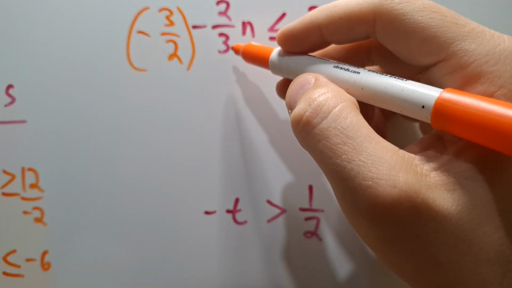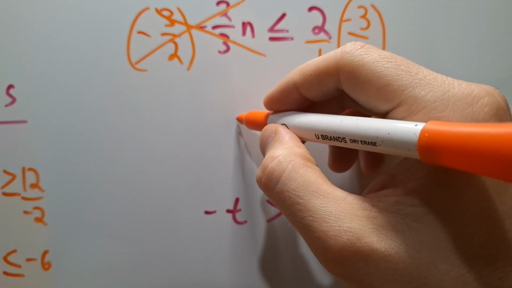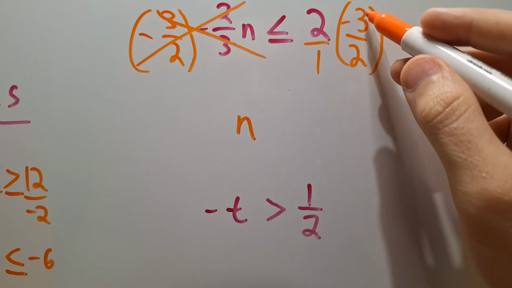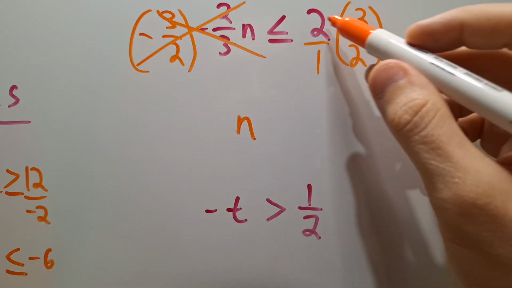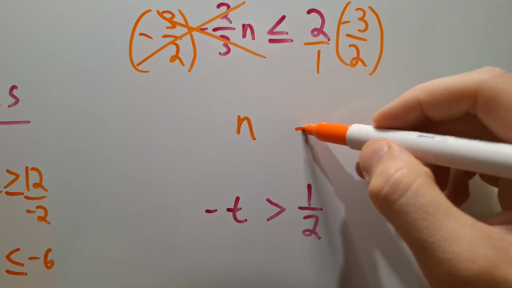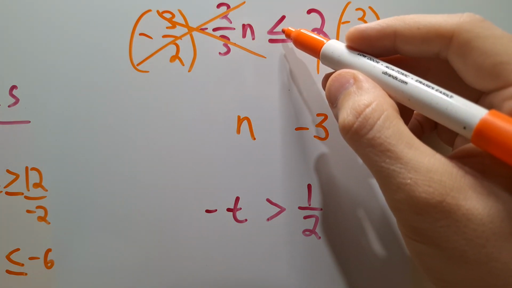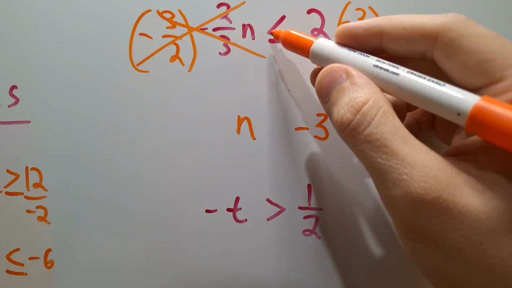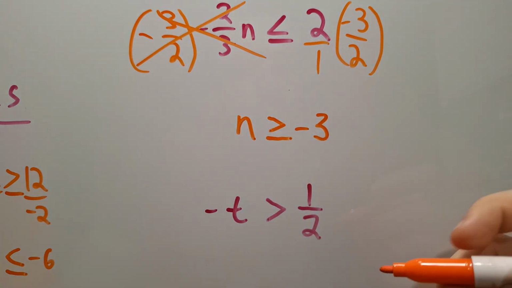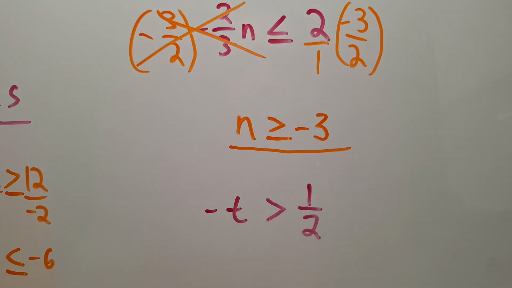If you multiply a fraction by its reciprocal, it cancels out, leaving you with just the variable here. 2 times negative 3 halves, that's negative 3 times 2, which is negative 6. Negative 6 divided by 2 is negative 3. Change the direction of the inequality symbol, in this case, from less than or equal to, to greater than or equal to. And that is your solution set for this inequality.